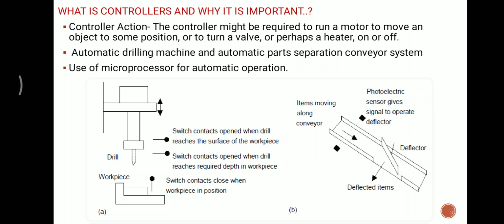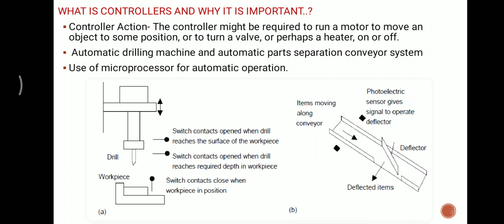Again, another example. If we want to control a conveyor carrying parts on it, the part will be sensed by this sensor, and that sensor will give the input signal whether that part is correct or not, or whether it is following the required dimension or not.